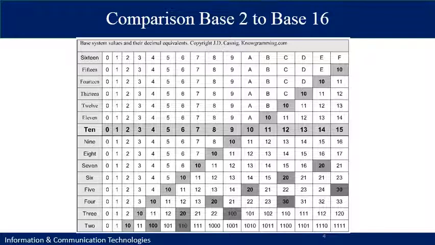So this is a comparison of different numbers from base 2 to base 16. For each number you can see the base is provided in the first column, starting from 2 to 16.